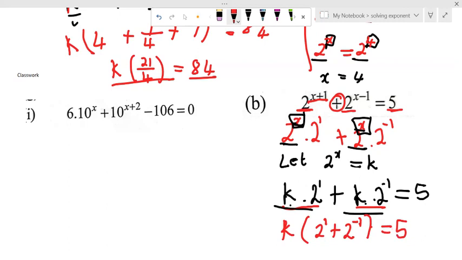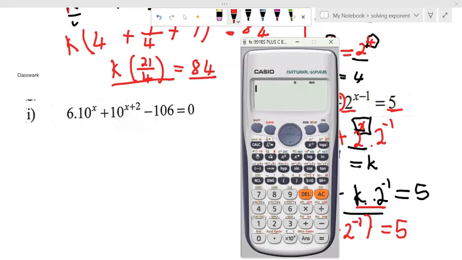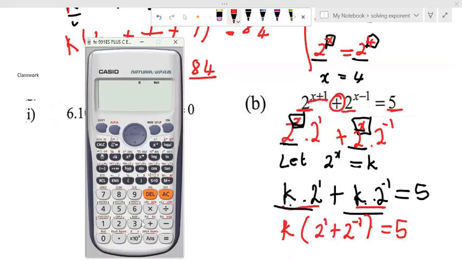Now you go to your Casio calculator, and then we say we have 2 to the power 1 plus 2 to the power minus 1, equals, it gives us what? 5 over 2.